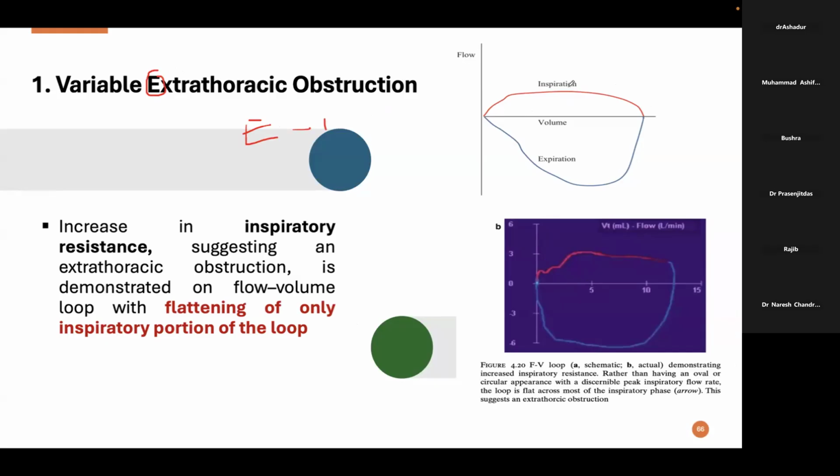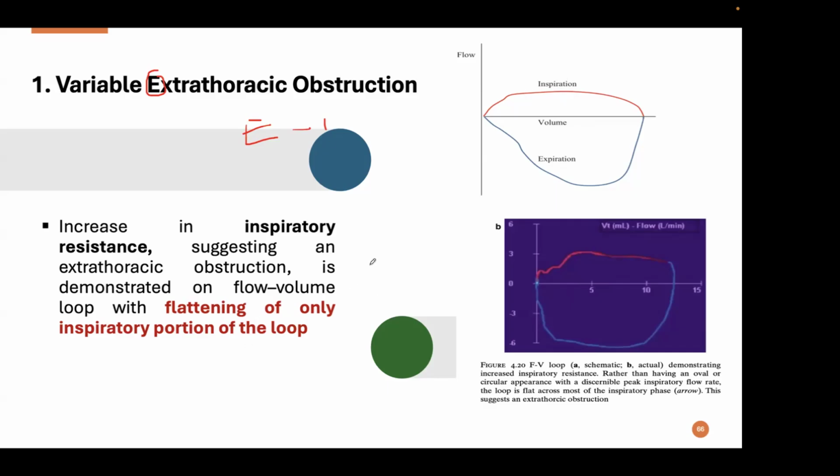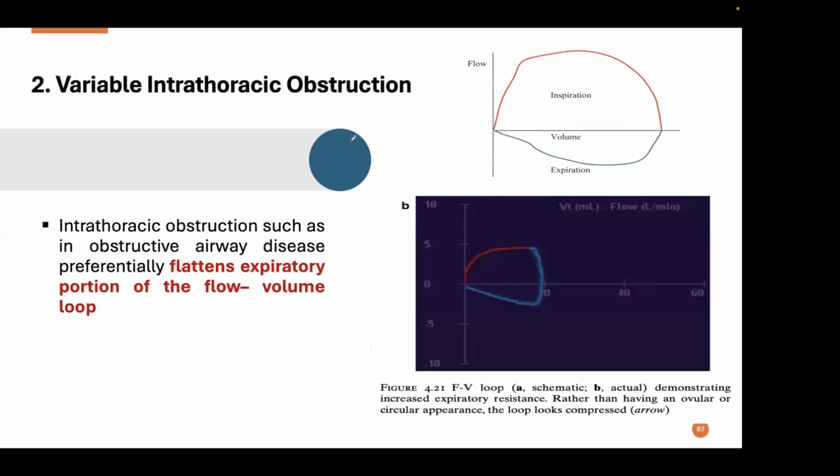Though in different machines, this could alter, but still for this discussion, this is inspiration, this is expiration. There was bowing in those pressure volume loops, but here there is flattening. So if there is flattening in your inspiratory limb, that means extrathoracic obstruction. If there is flattening in your expiratory limb, that means intrathoracic obstruction.